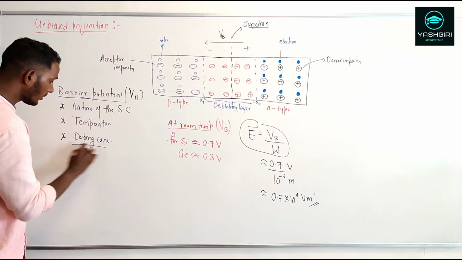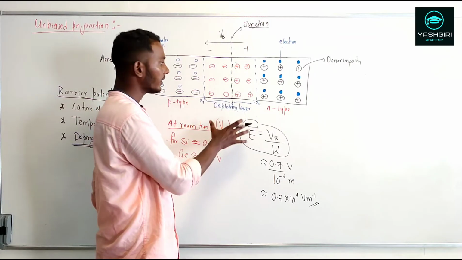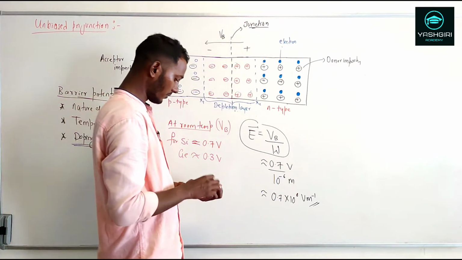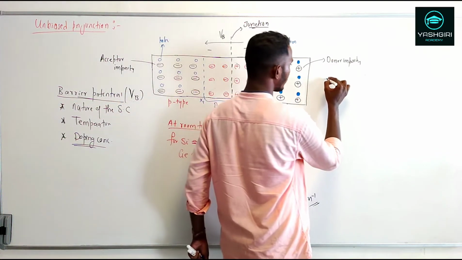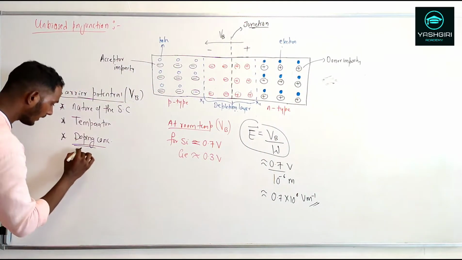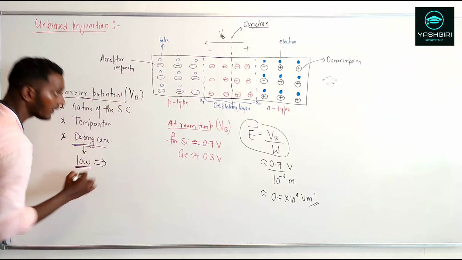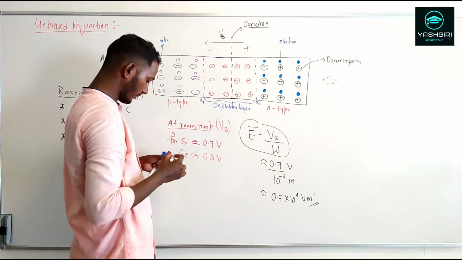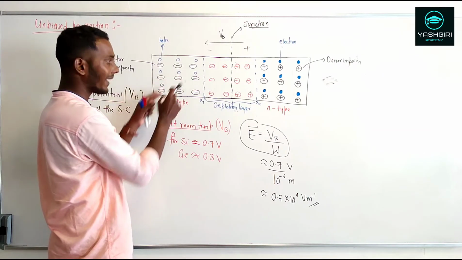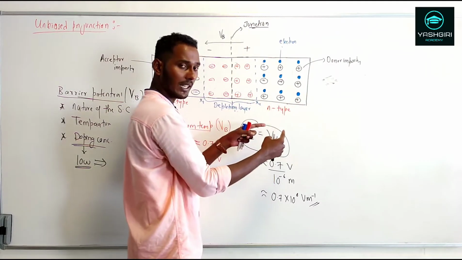Now the depletion layer width and the barrier height also depend on the doping concentration. If the doping concentration is low, then in the p type there will be very few holes, which are the majority charge carriers, and very few electrons available in the n type.